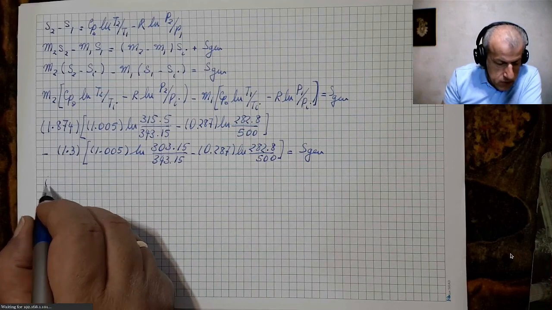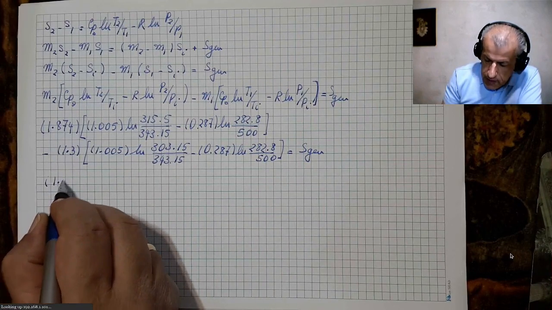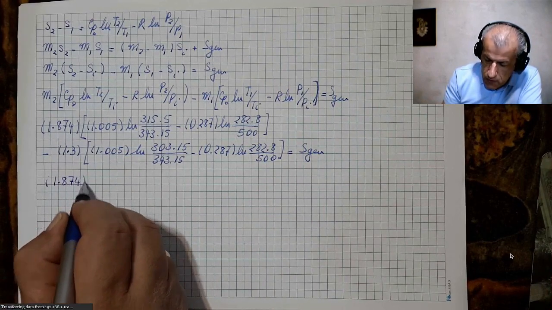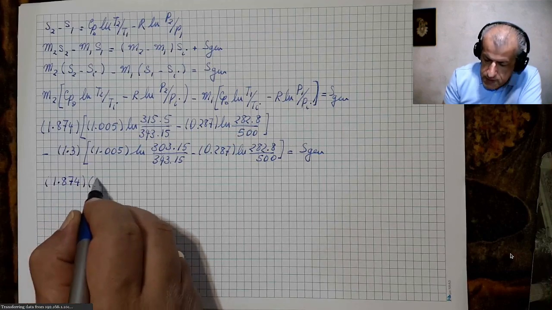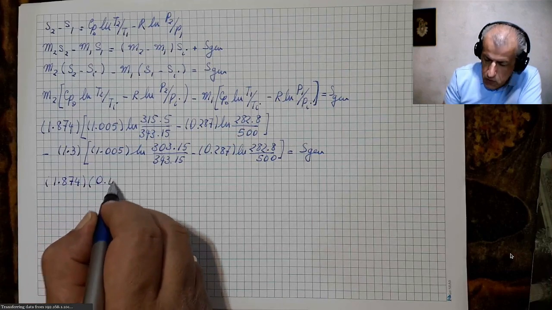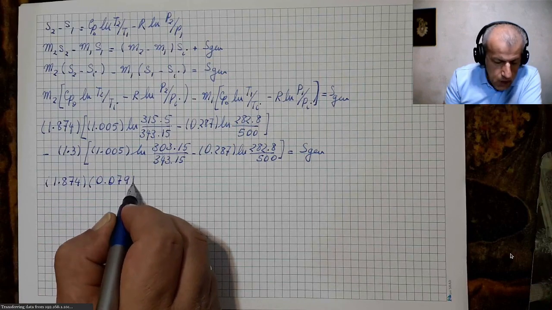The equation would be 1.874 times 0.0791.